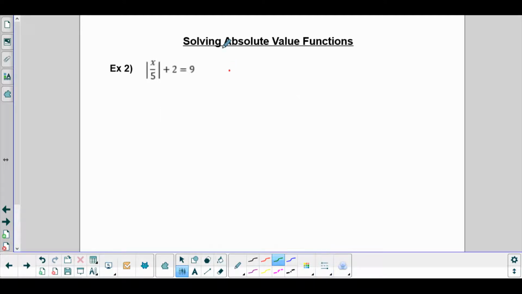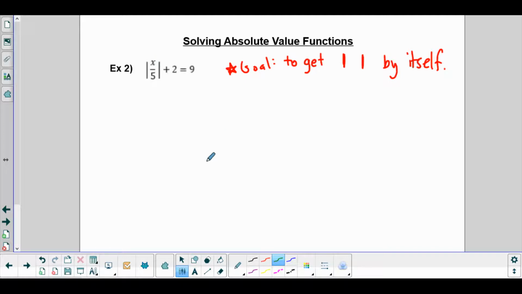So your goal when you're solving is to get the absolute value by itself. So we basically treat the absolute value as if it's a variable. We want to get it all by itself because our variable is inside. Our x is inside the absolute value.